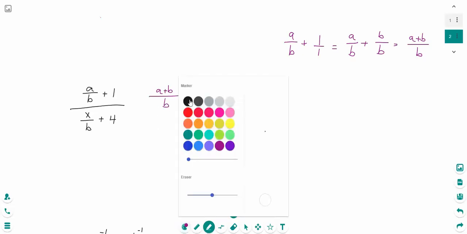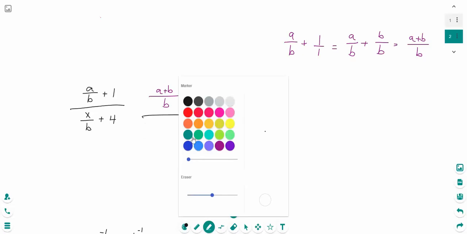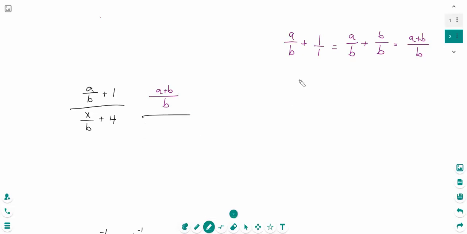And then we have that over our denominator. Well, we need to manipulate that a little bit too. So we have x over b plus 4 for our denominator. Make that 4 over 1. Common denominator is going to be a b. And again, our first term is going to be x over b. Our second term is going to be a 1 times b to be a b.